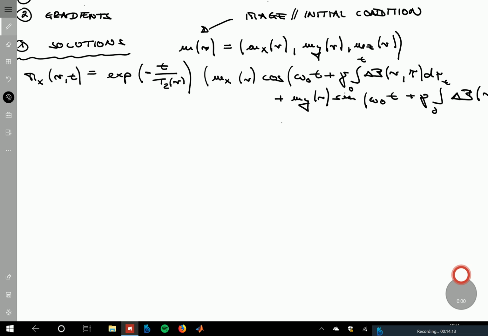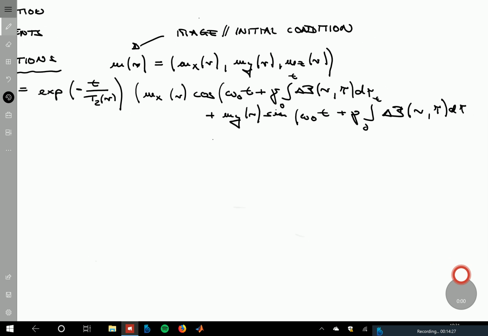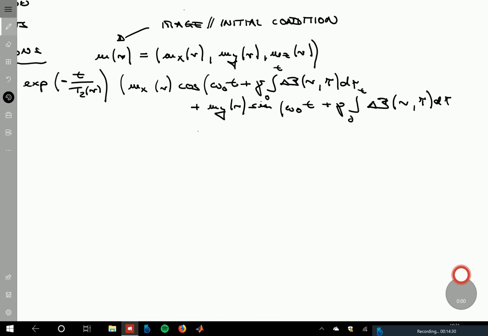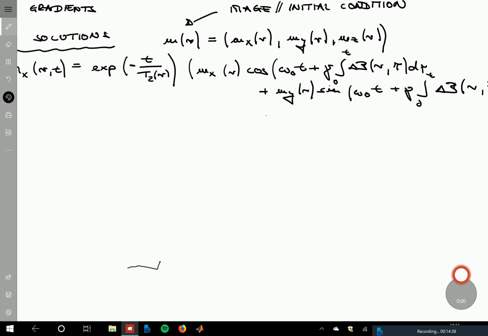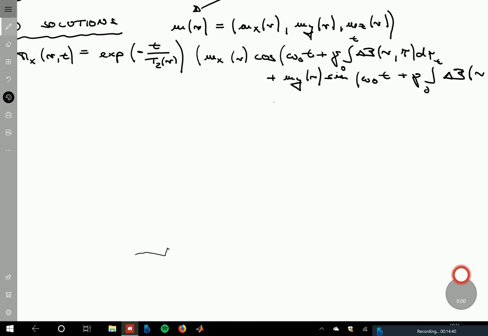So the my solution is essentially the same as the mx solution, but with x and y and a minus sign exchanged. And the solution for the z is just an exponential decay. So that we don't do things here just for fun, but over this I will go in some detail. So maybe first, before we go into the derivation, with respect to the exponential decay.